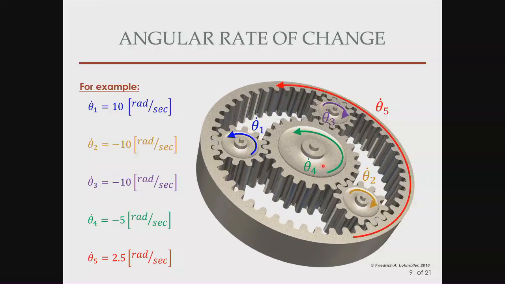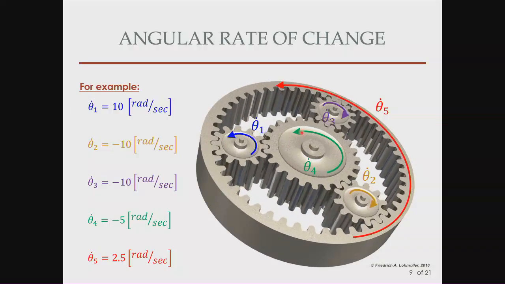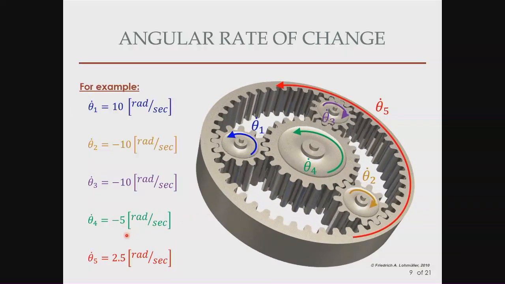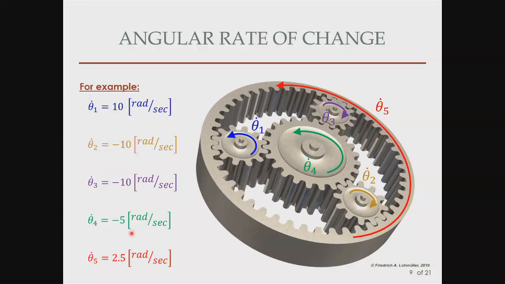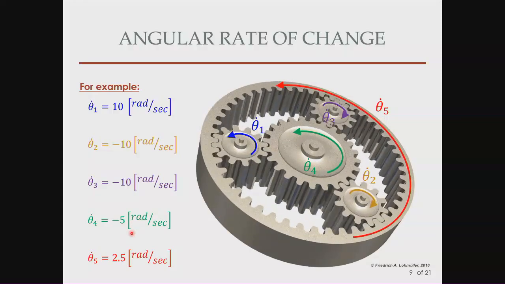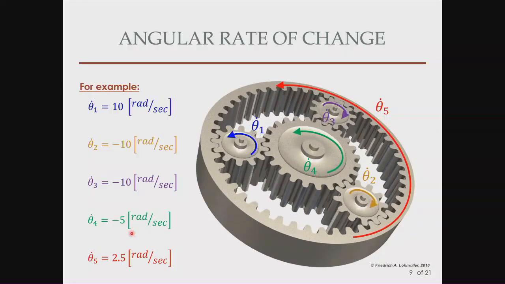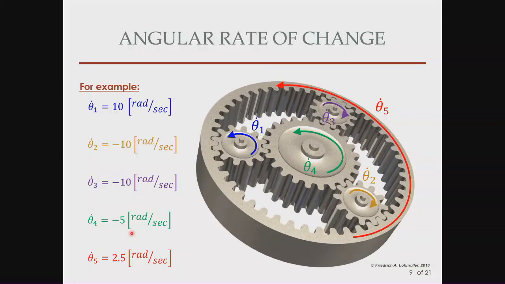Let's say theta 4 dot, this is what I define as the positive direction, but it actually rotates the other way, so that's why it's a negative value in this instance. And the magnitude itself also corresponds to how fast, how many radians per second the rigid body sweeps.